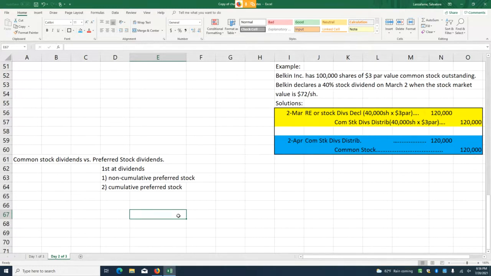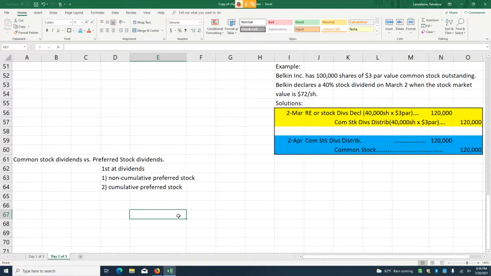If you had a choice as a preferred stockholder, you would prefer to have the cumulative, more money in your pocket versus non-cumulative. To make a long story short about the differences between the 2: if you have cumulative preferred stock, you're guaranteed the dividend money, even in the years that the company doesn't have it. They'll remember and give you the money when they finally do have the money.